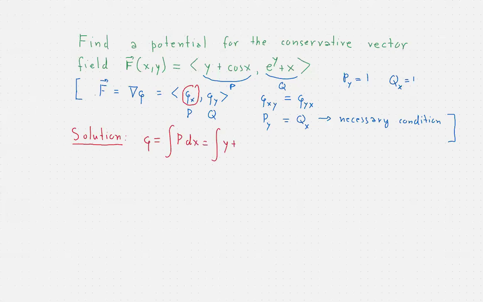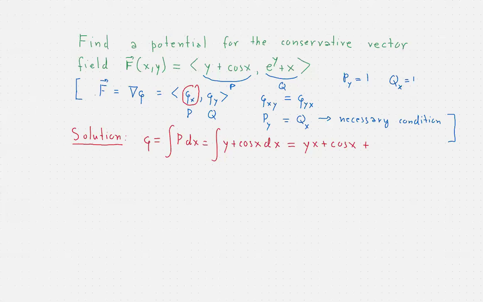And what's the idea here? The idea is pretty simple. We think of y as a constant, and we integrate this with respect to x, which gives us yx plus cosine x plus c. Well, not so fast with that c. Okay, let's see why. Again, we are in this strange situation where we have two variables and we pretty much ignore one, think of it as a constant and integrate with respect to the other.